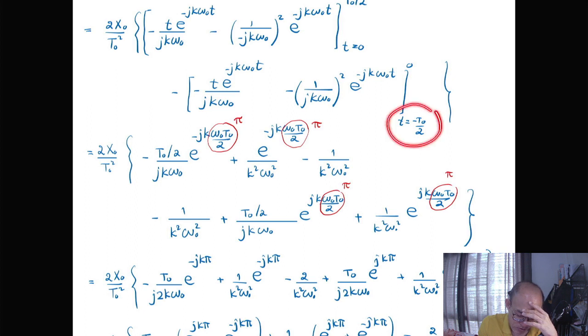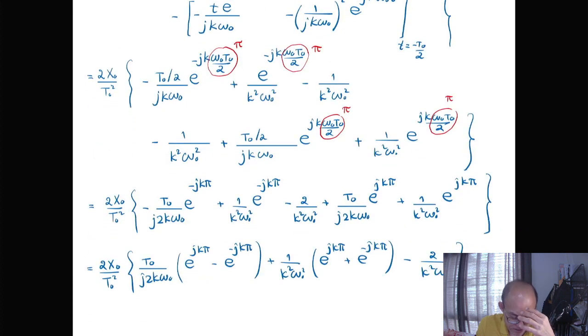When t is equal to minus t0 over 2, reverse the sign here, plus, and then it has to be plus as well because t is negative, so I have this term and this term, and then this one is plus, times minus is minus, but then I have j squared, so it's going to be plus again here, and then okay, it seems to be correct.